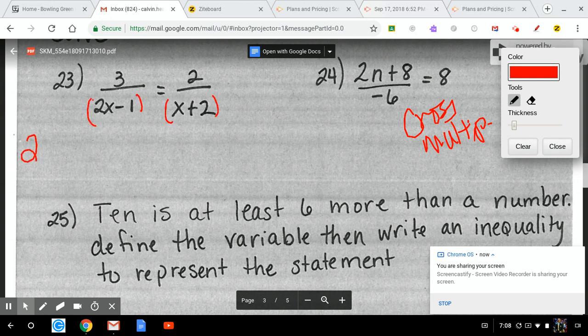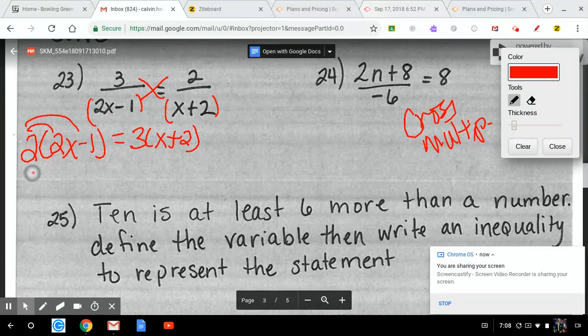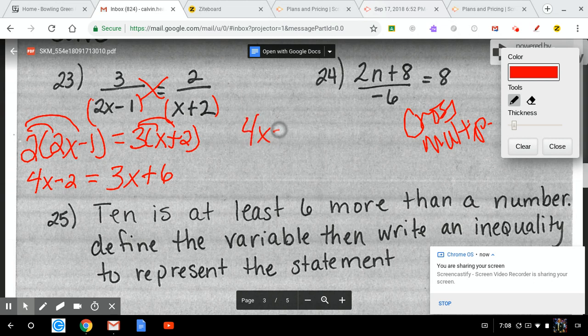So I have 2 times 2x minus 1 equals 3 times 3x plus 2. Okay, so we've cross multiplied. I'm going to distribute. So I get 4x minus 2 equals, distribute, 3x plus 6.